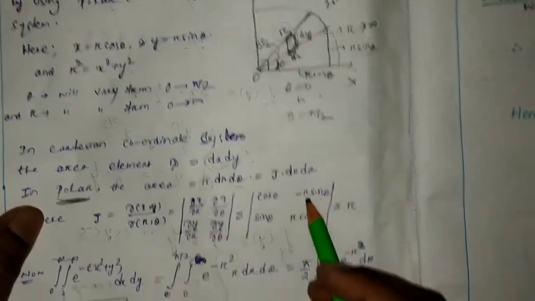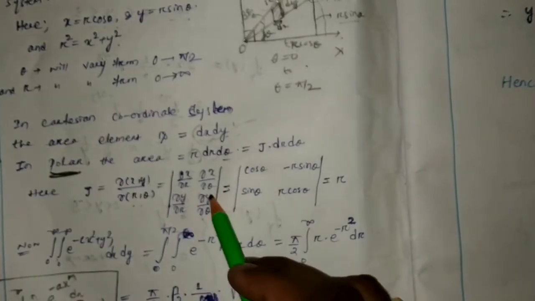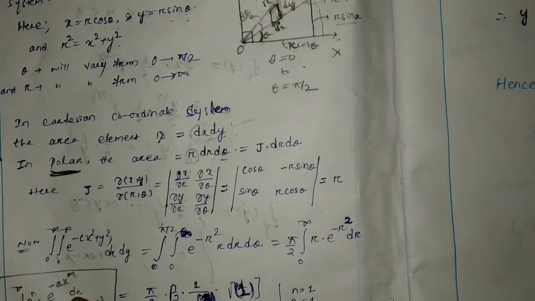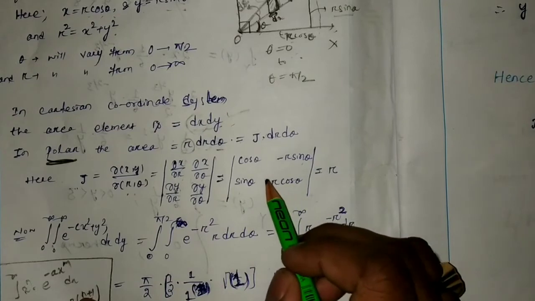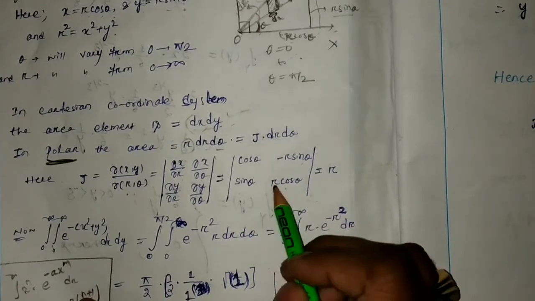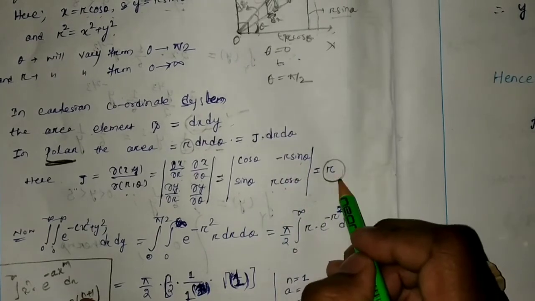Likewise, del y by del r is sin theta, and del y by del theta will be r cos theta. If we solve this matrix, it will be r cos square theta minus, here minus is there, so plus r sin square theta. We found r, so here it is the Jacobian.